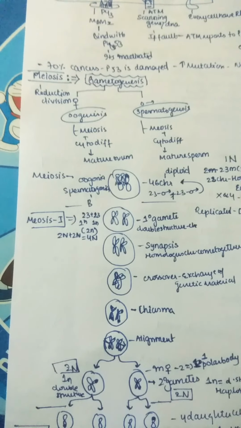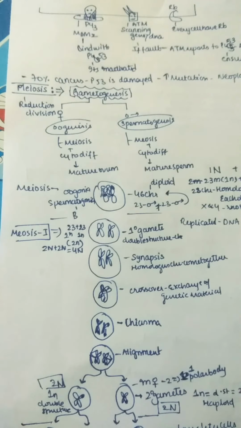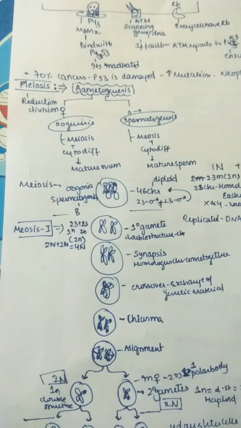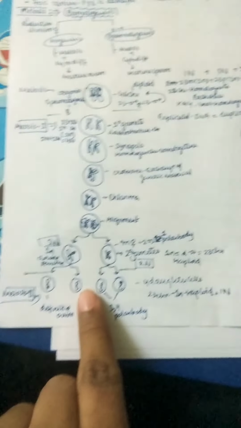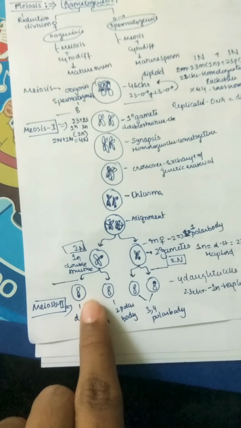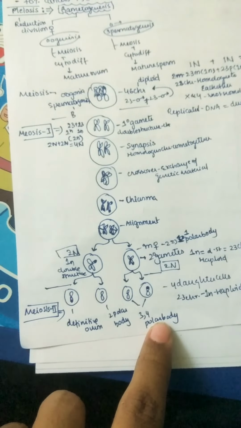Meiosis is related to gametogenesis, because meiosis is the process that takes place in gamete forming cells. We know meiosis is a reduction division. Why is it a reduction division? Because in the daughter cells we finally have only a single structure chromosome.